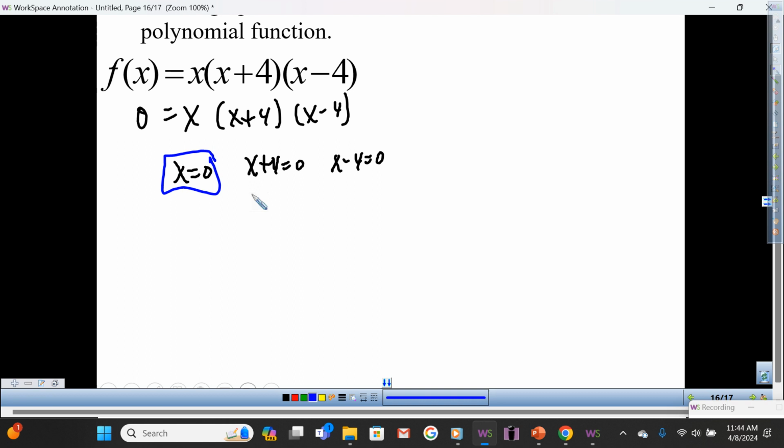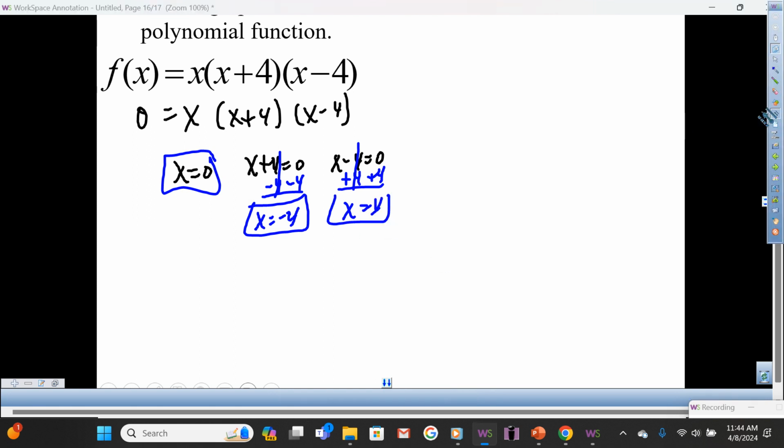So, what is this one? Continue. Okay, so we graph that.